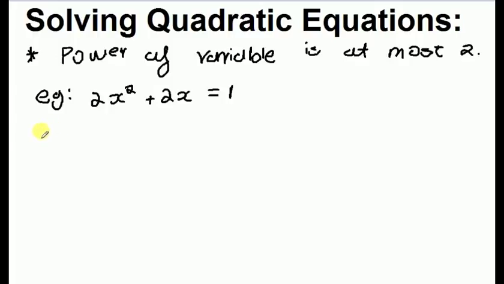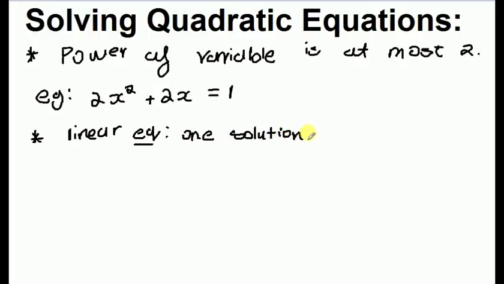So the difference between a linear equation and a quadratic equation, so that you don't get confused, is that linear equations, I'll just write EQ for equations as an abbreviation, have only one solution. Linear equations have only one solution.